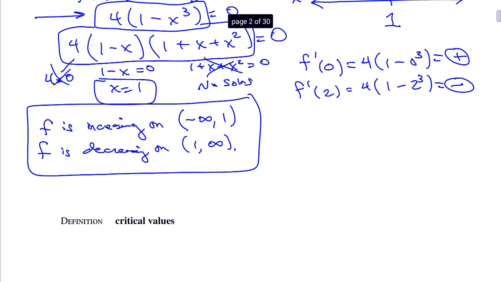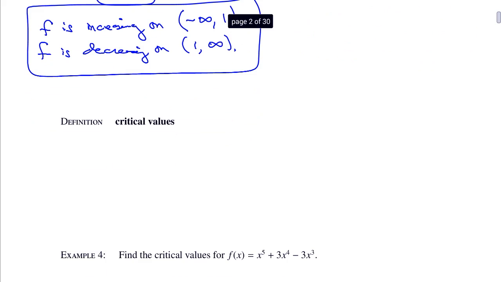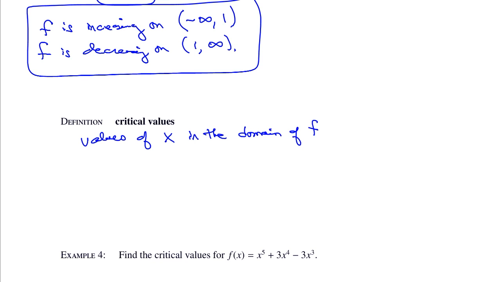All right, so that leads us to the definition of critical values. So the critical values of a function f are the values of x in the domain of f where f prime of x is equal to 0 or f prime of x is undefined.